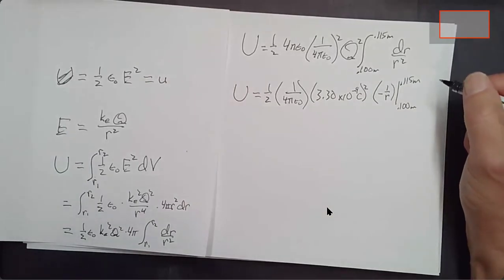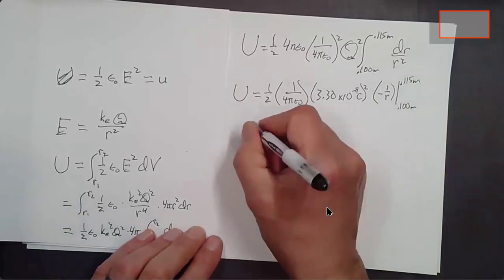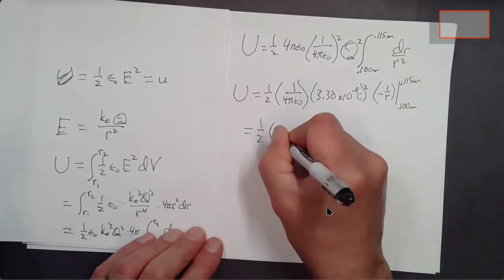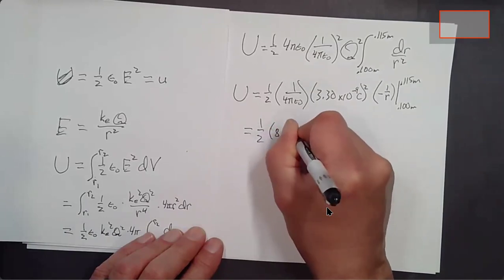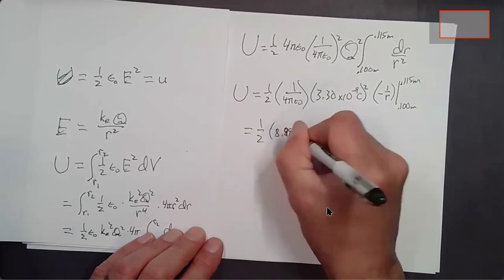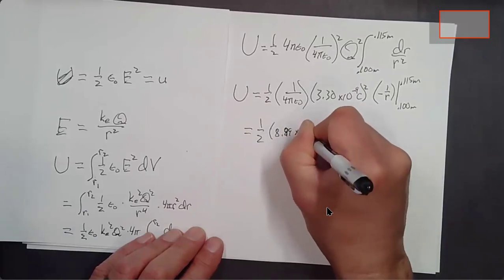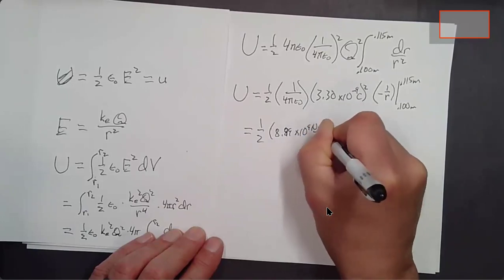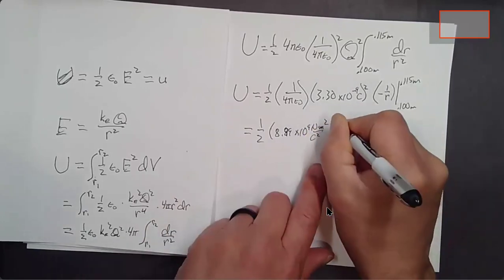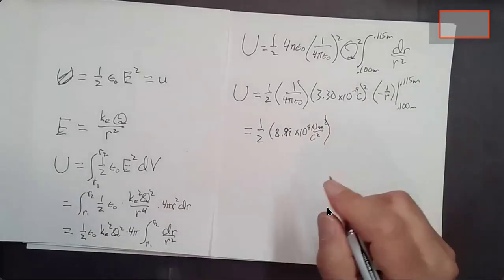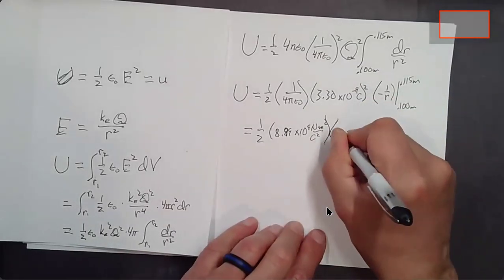Okay. We'll see if this works out. 1/2, 1 over 4 pi epsilon naught is 8.99 times 10 to the 9th newton meters squared per coulomb squared. And when I square that, well, I'll just square it later.